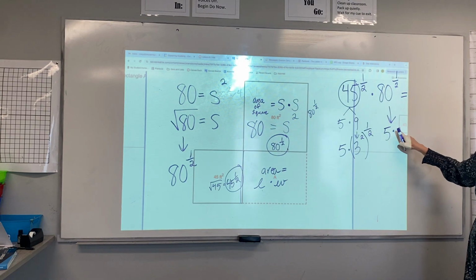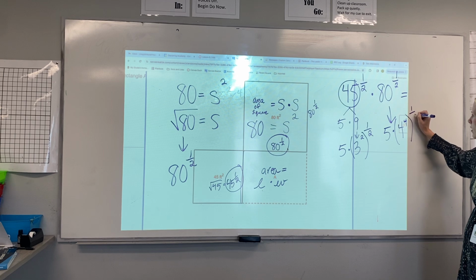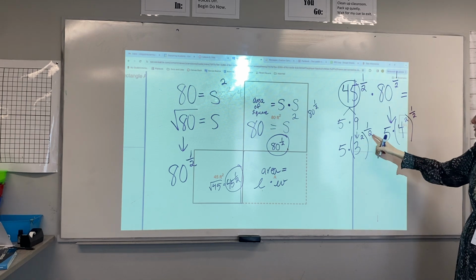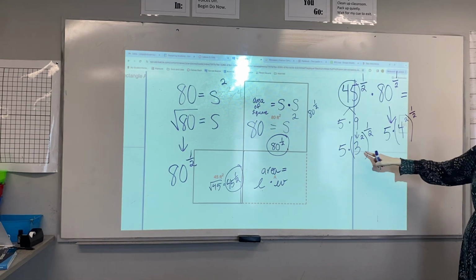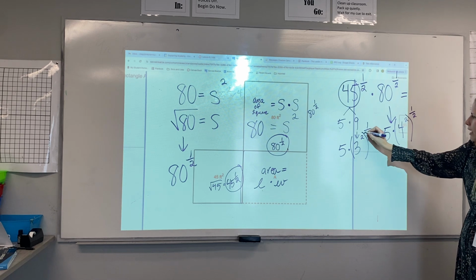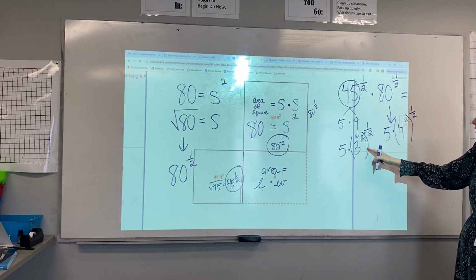And how can we rewrite 16? 4 squared, because 4 times 4 is 16. So now we can simplify these parts. So we pulled out our 5s, and we can simplify this. We have 3 squared, so 2 times 1 over 2 would cancel out, and that would just be 3.